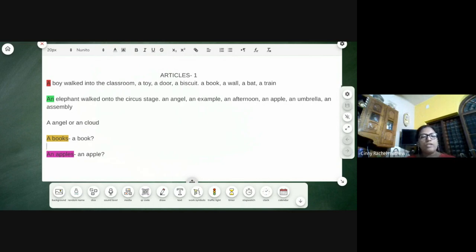So you cannot have a coming with a plural noun. Now, can you also say along with that, can you use the indefinite article a with a sugar? I mean, can you use it like this? Can you say a sugar?